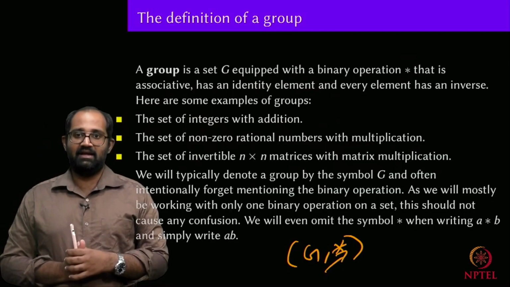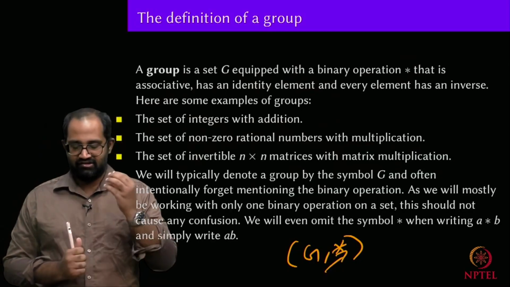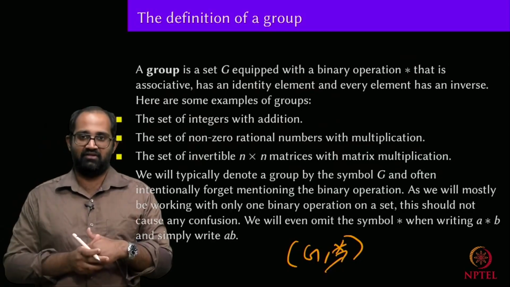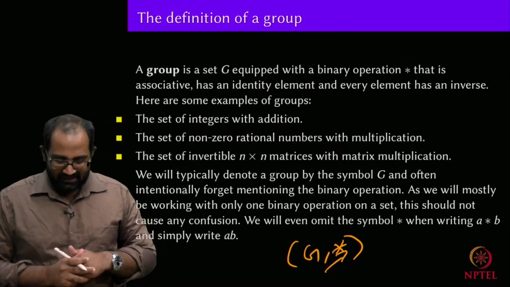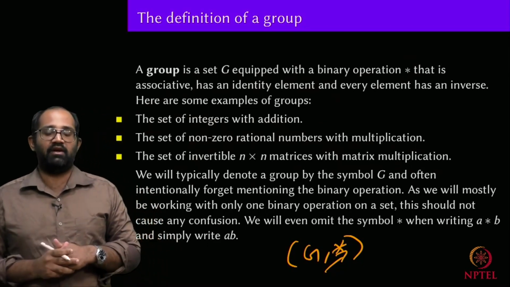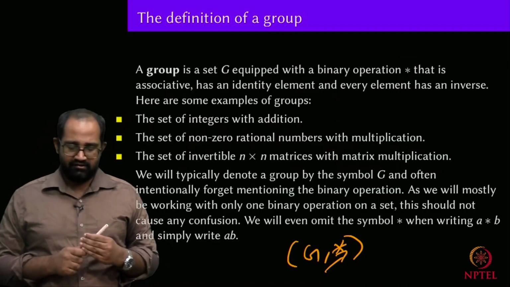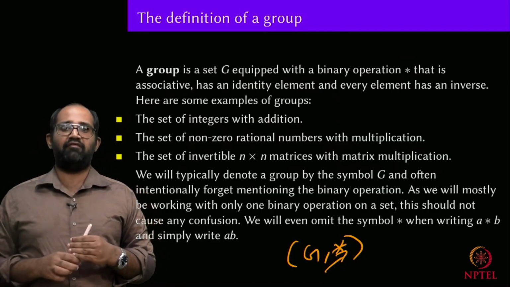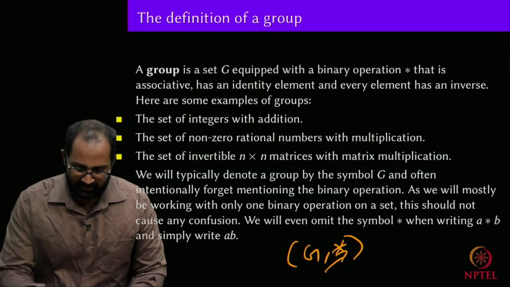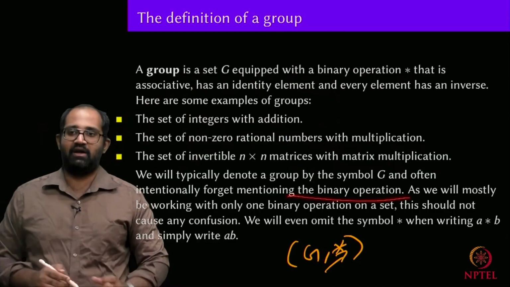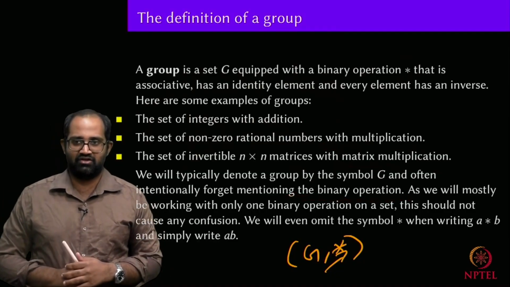So, technically the group is a set G along with the binary operation, it is an ordered pair, but such pedantry is typically not engaged in a mathematics course. So, what we will do is, we will intentionally forget mentioning the binary operation. It is understood from context that there is a binary operation involved.